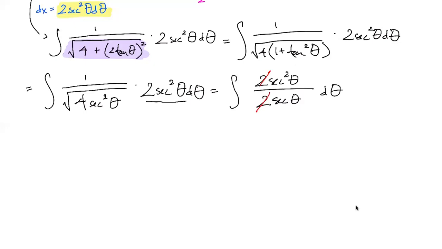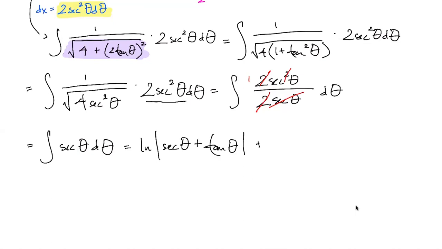The 2's are going to reduce to a 1. And one of the secant squareds on the top is going to reduce the 1 on the bottom. And when we do that, all we're left with is the integral of secant theta d theta. Okay. And that is one that should definitely go on that cheat sheet of common integrals that come up. And we saw this one yesterday. It's the natural log of secant theta plus tangent theta plus c.